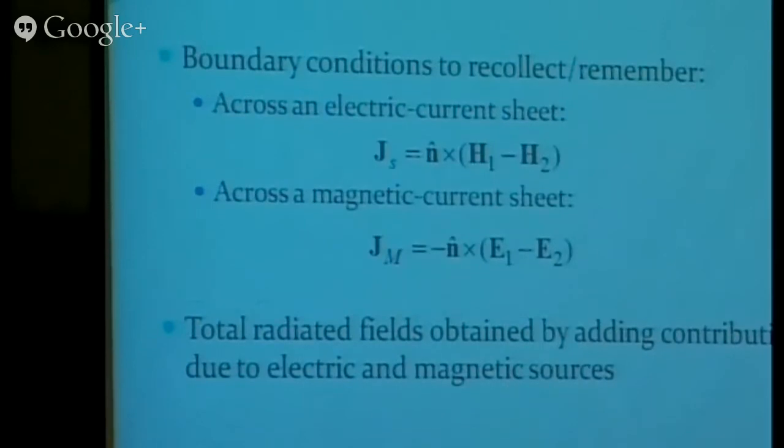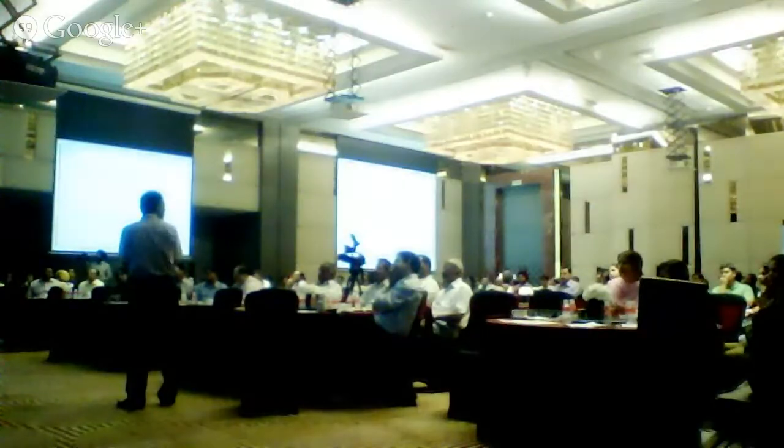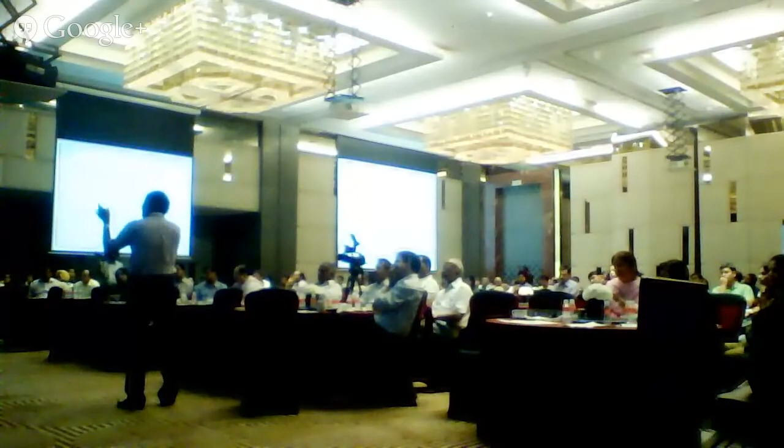And it is important here, having defined magnetic current density, how do we write it down? This is an important boundary condition. I'm sure you would have at least a vague recollection of this. Across an electric boundary, the tangential magnetic fields are discontinuous by Js, where Js is the conduction current density.